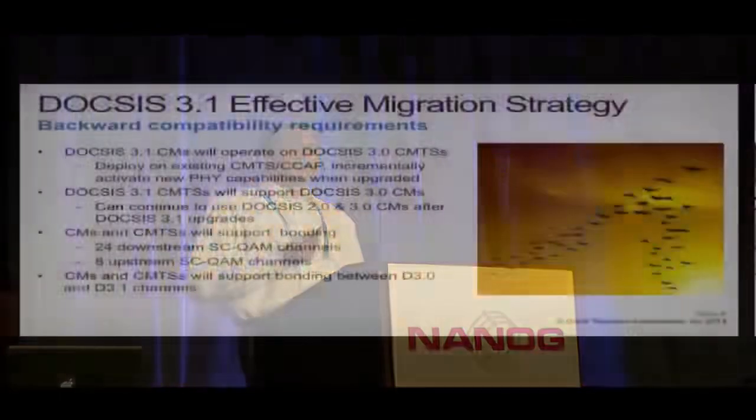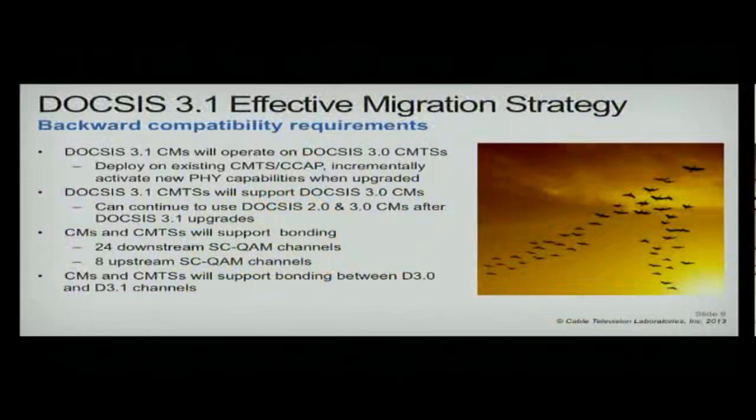Migration strategy. Here, the DOCSIS 3.1 modems will of course operate on 3.1 CMTSs, but they'll also operate on 3.0 CMTSs. So it's one iteration of backwards compatibility. The way I would see it is, new modems are manufactured first.